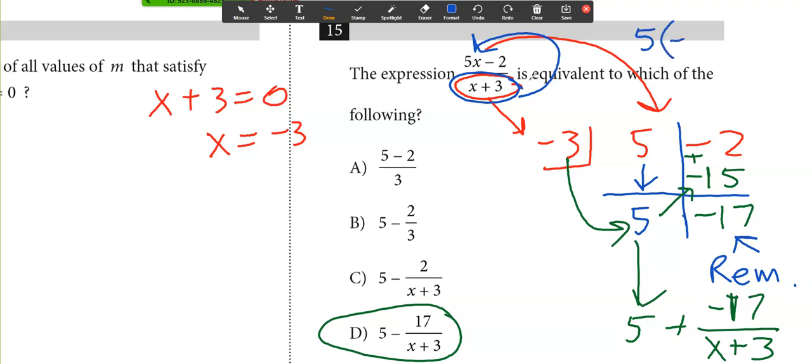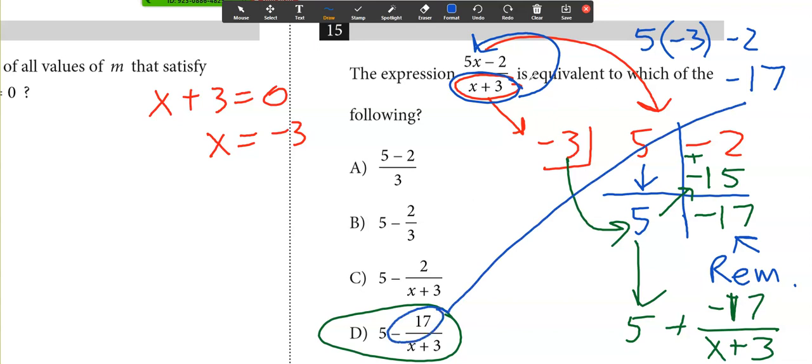What is 5 times negative 3 minus 2? Well, hopefully you would say negative 17. And the reason I think that's critical is hopefully you would see right there is the remainder, negative 17. So the remainder theorem or synthetic division would show you pretty quickly what the answer to this question is. Any questions on that one? No. Okay.